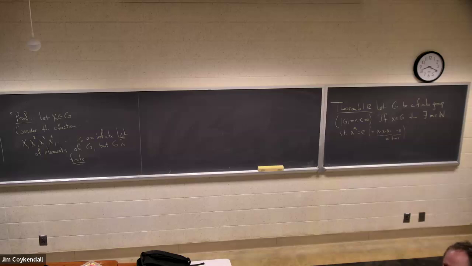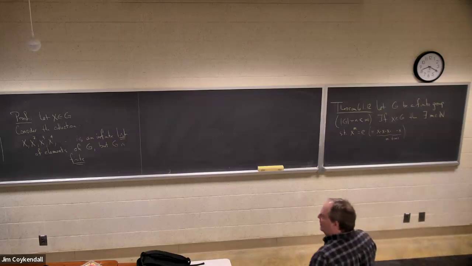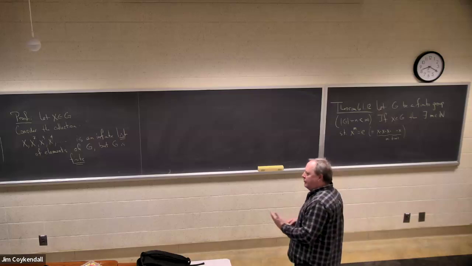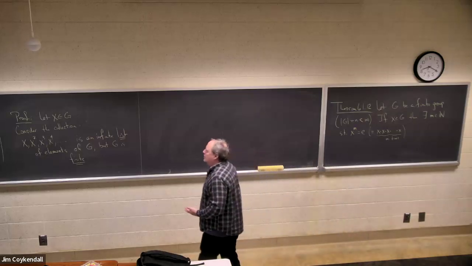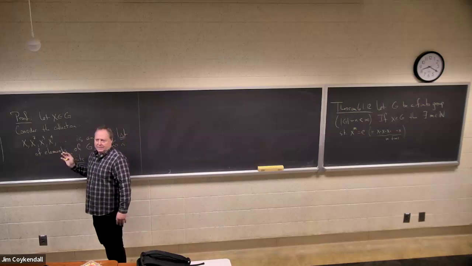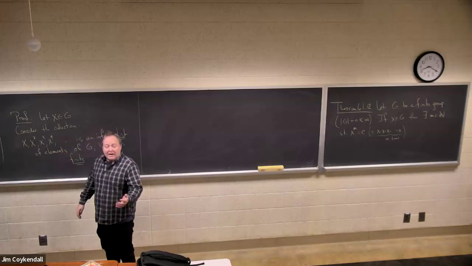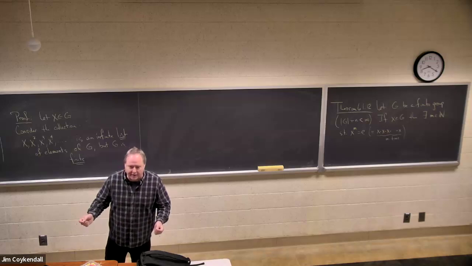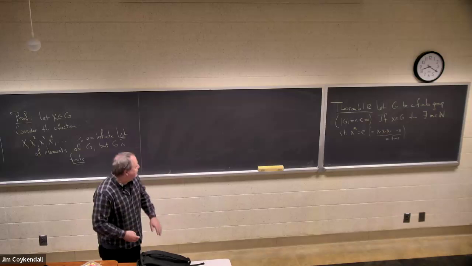If you look at that list, X, X squared, X cubed, X to the 4th, forever and ever, it can't all be different, because all of these are elements of G, but there's only finitely many. So what is the simplest conclusion you can come to? I'm going to go economical and say there have to be at least 2 that are repeated. In fact, a lot more than that, if you want.